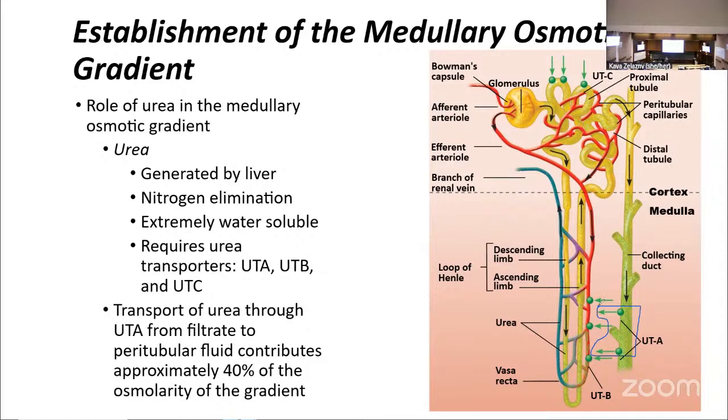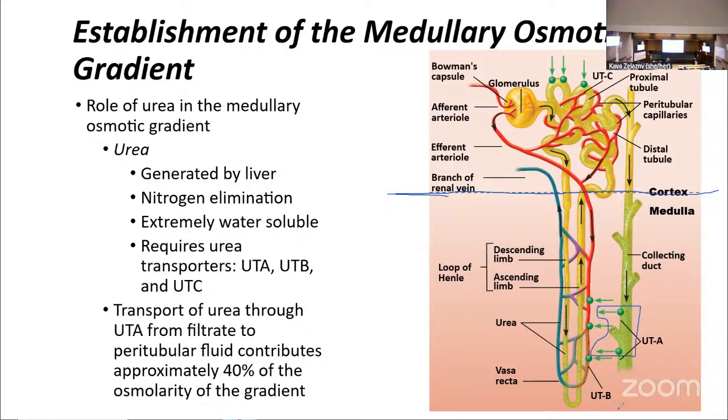So when we move urea from the collecting duct into the neighboring region, we are in the medulla. Here's our division between the cortex and the medulla. So this essentially acts as another solute that pulls water towards itself.